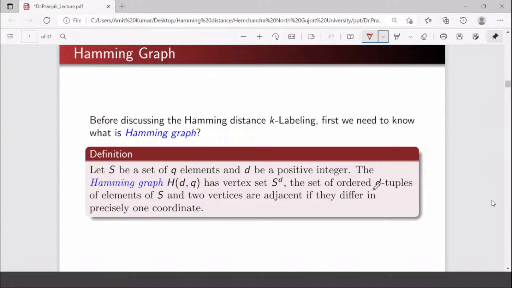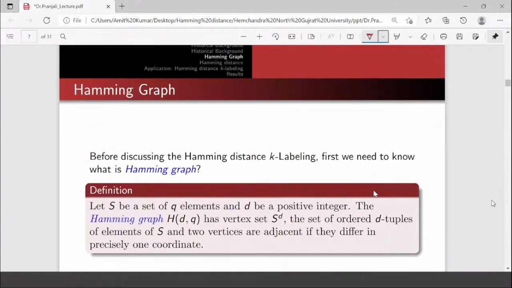So let us know what a Hamming graph is first.